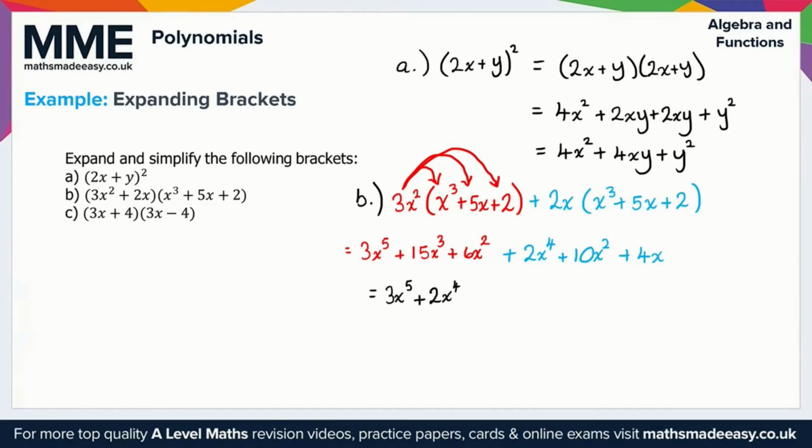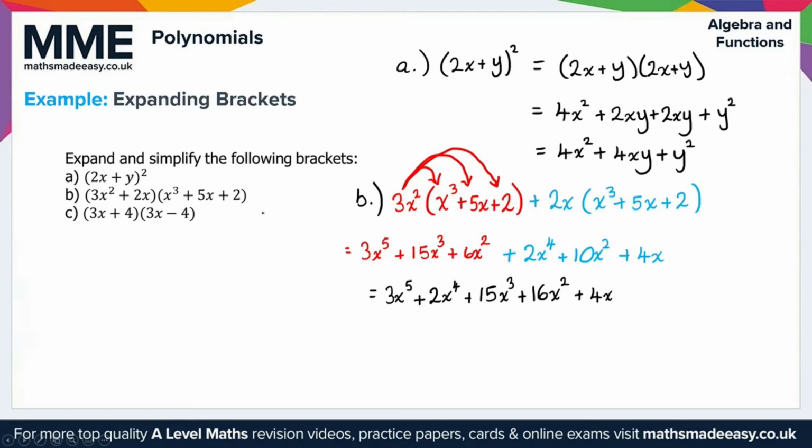We've got 15x cubed here, and there's no other x cubed, so that's just simply plus 15x cubed. We've got a 6x squared and a 10x squared, so if we collect those, that's going to give us 16x squared. And finally we've just got a plus 4x, so that simply gives us plus 4x. And that's our final solution for B.